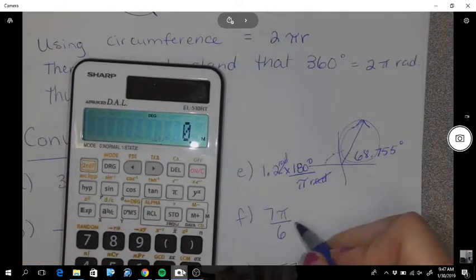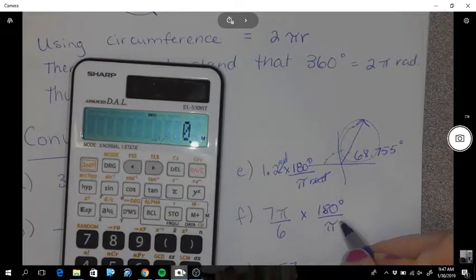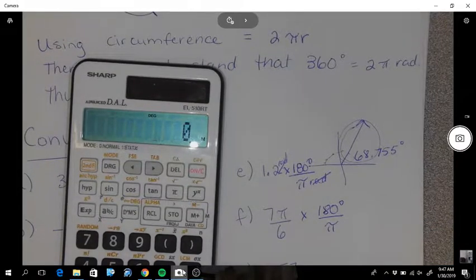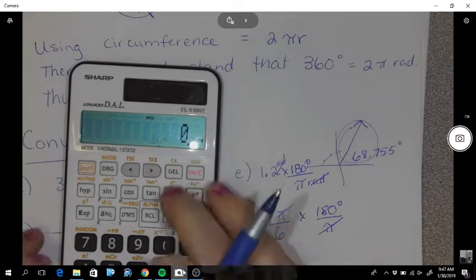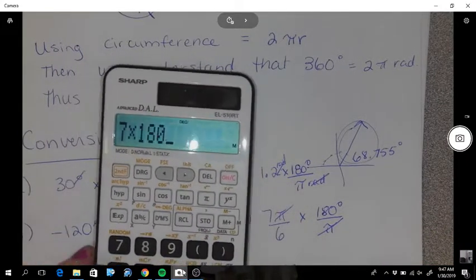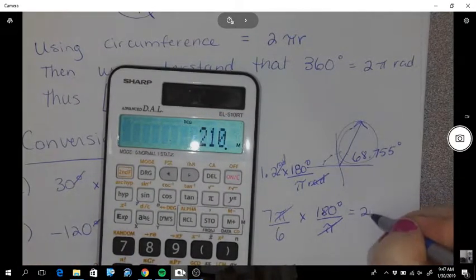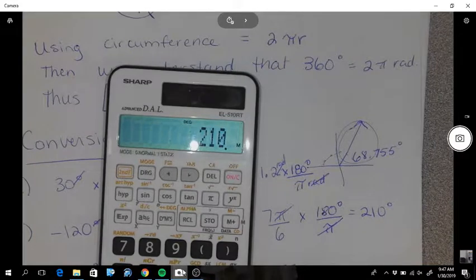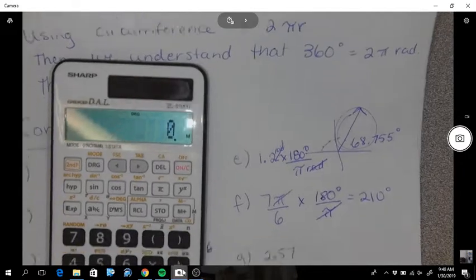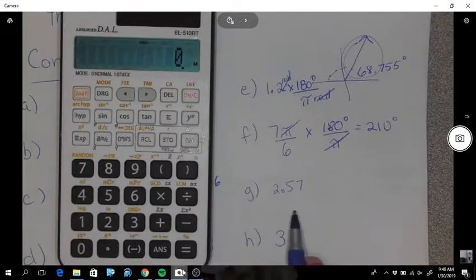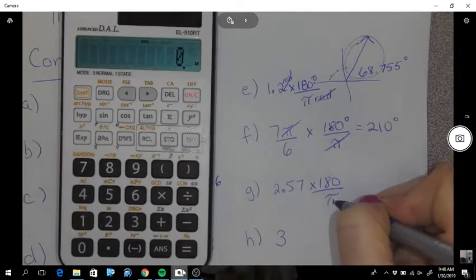Okay, same thing, we're going to times by 180 and divide by pi to get into degrees. Well, that cancels. So 7 times 180 divided by 6 equals 210 degrees. Okay, and the last one, or sorry, not the last one, 2 more here. 2.57, so times by 180 divided by pi.